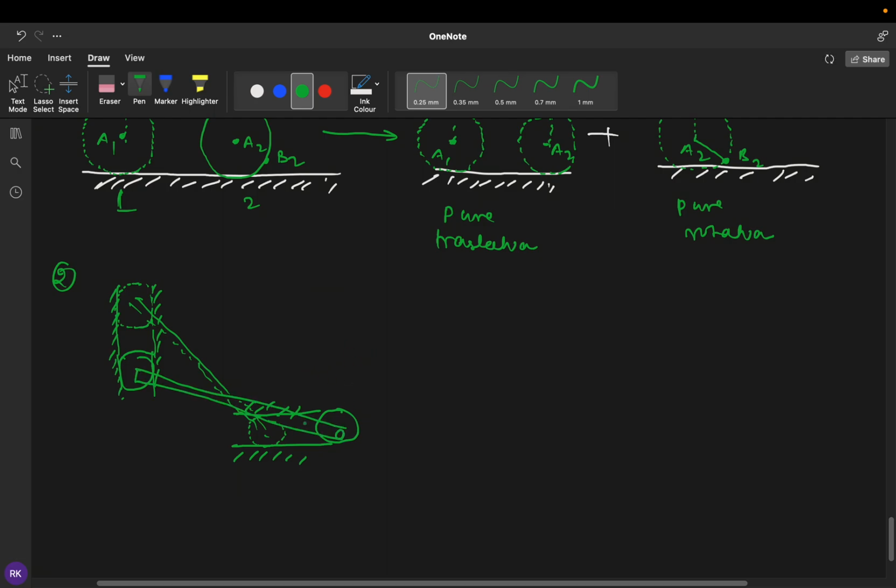When you realize this motion by superposition of two motions, how will you imagine it?